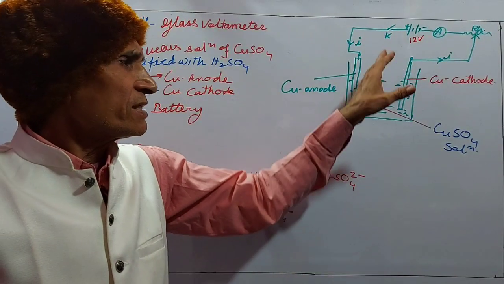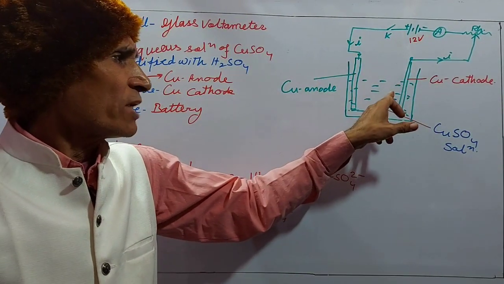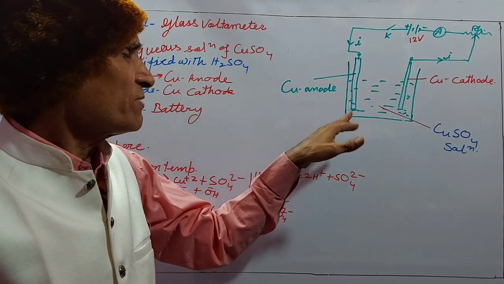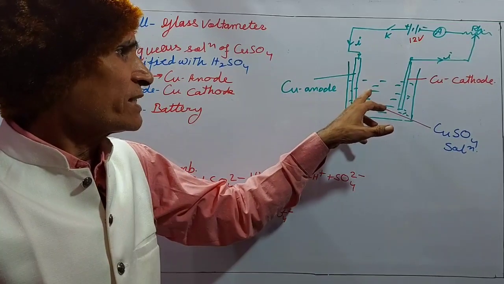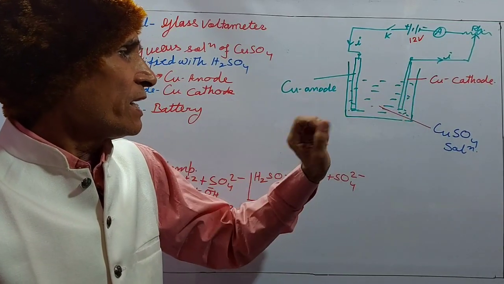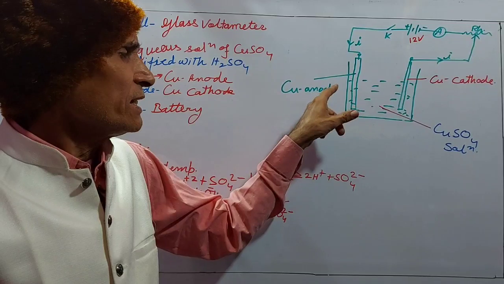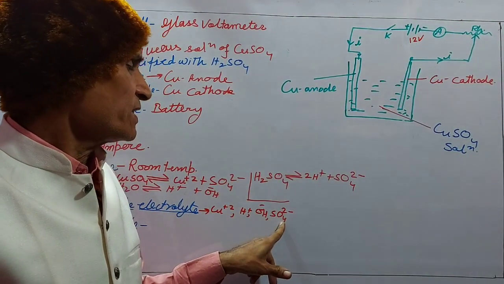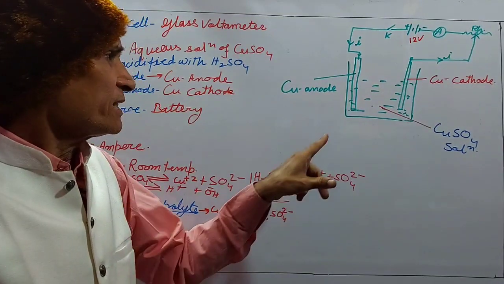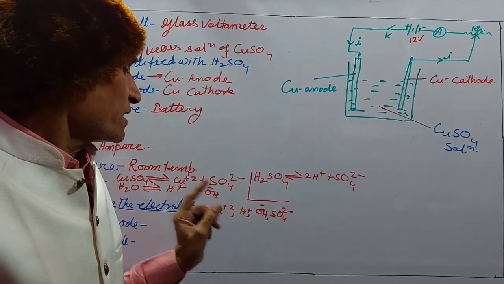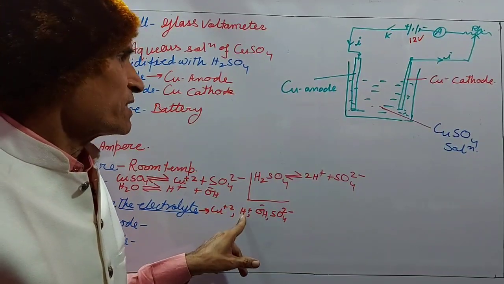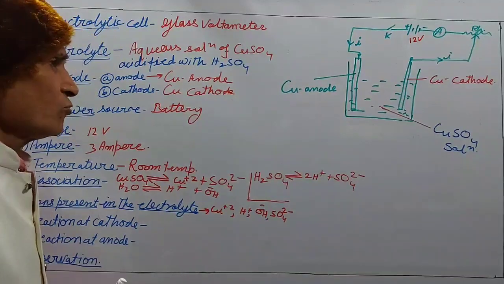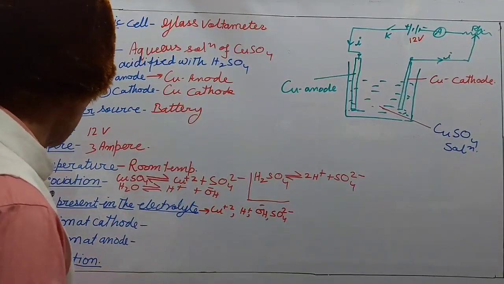When direct current passes through the electrolyte, positive ions, that is cations, migrate to the cathode and anions migrate to the anode. Which anions are present? OH minus ions and sulfate ions migrate to the anode. Cations Cu 2 plus and H plus migrate to the cathode. Now let us see what happens at the anode and cathode.